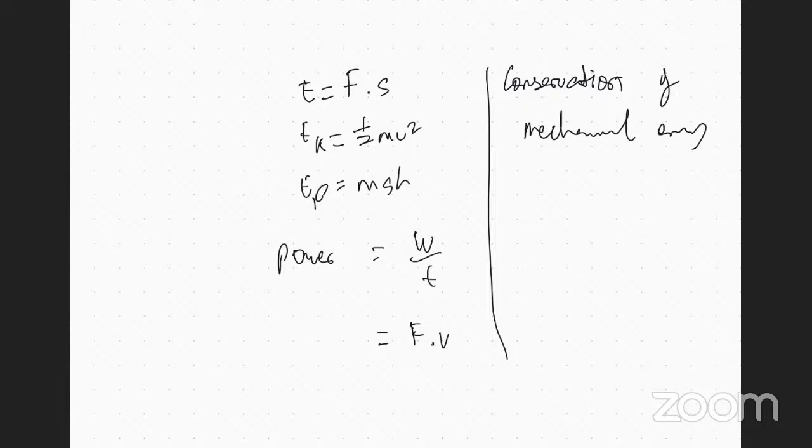You might apply it in systems as they move down. As they move down, there would be a change from potential to kinetic. So if you add up the potential and the kinetic, it should always be constant. Regardless of the change, you should always get a constant value.